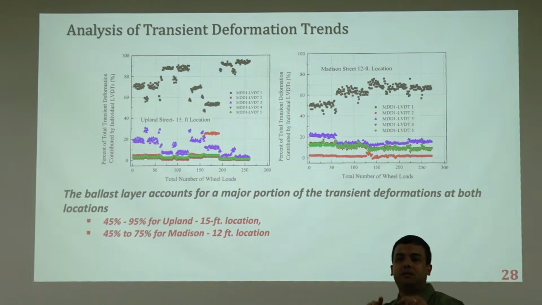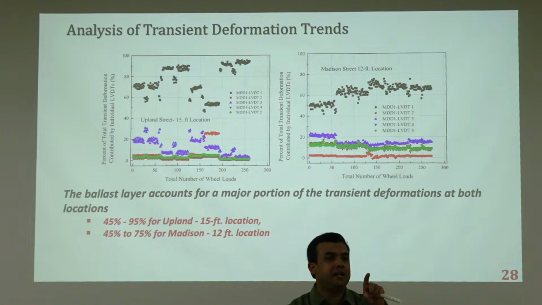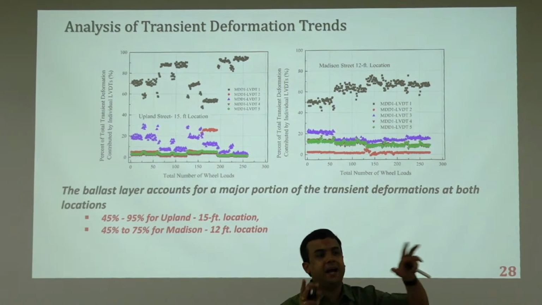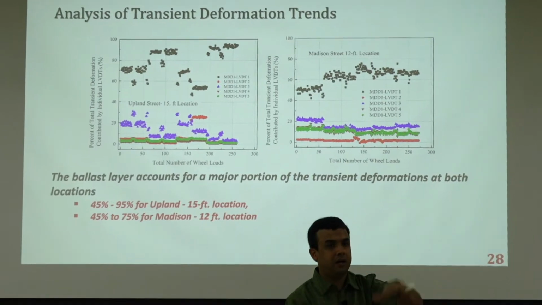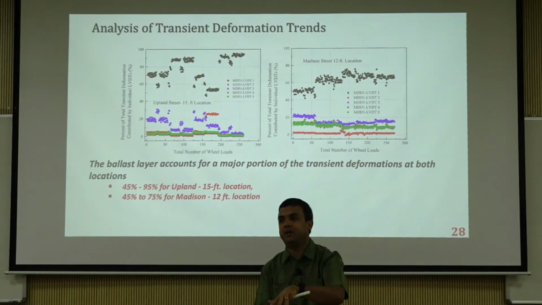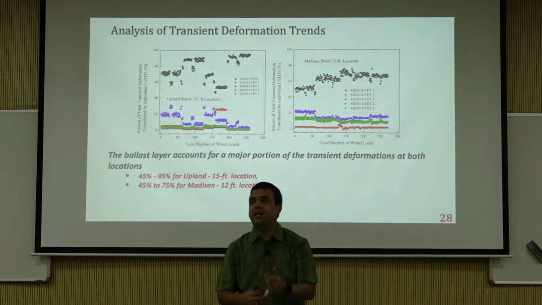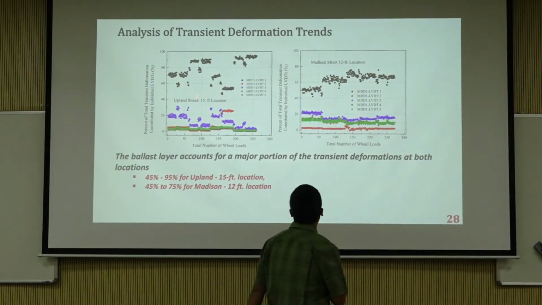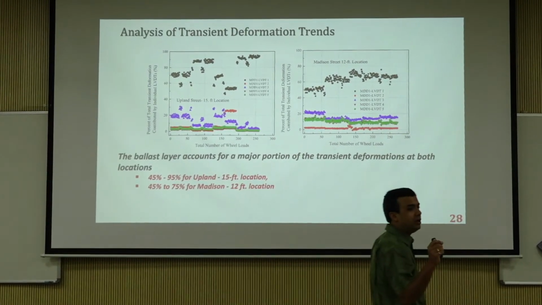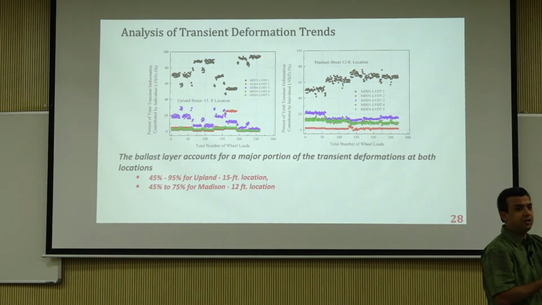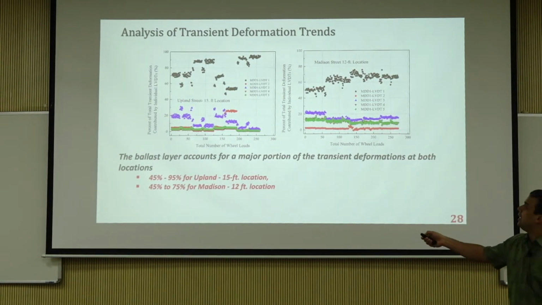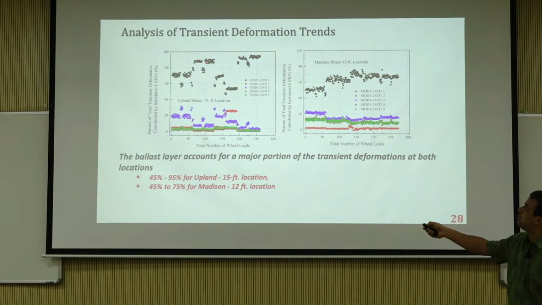So imagine there is delta 1, delta 2, delta 3, delta 4, all the layers, and you add them. That's the total delta, and this is transient under moving traffic, right? And then you ask, out of that, how much is one LVDT contributing, which is the railroad ballast, the top layer. You can see it can go as high as 90%, 95%.